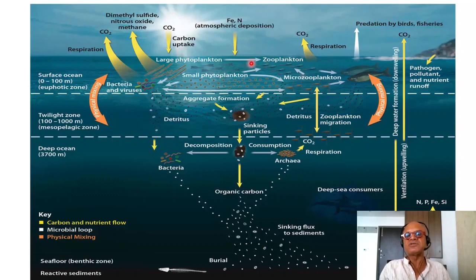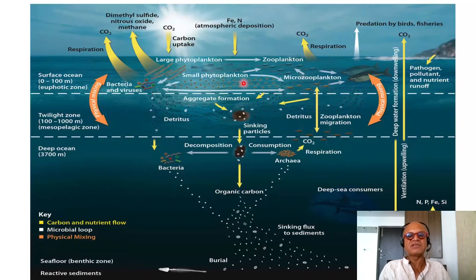So those are eaten by zooplankton, and small phytoplankton are eaten by microzooplankton, and they are eaten by small fish, and zooplankton can go up and down, and they die, and all kinds of detritus forms because the fish that eat them are also spitting out, leaving behind some dead organic matter.